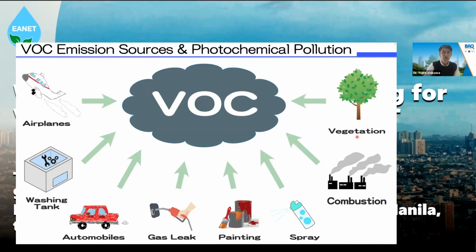And what I want to emphasize here is that this is just few, and there are a lot more and more sources of VOCs than shown here. And that is one of the main reasons that makes VOC control really difficult.